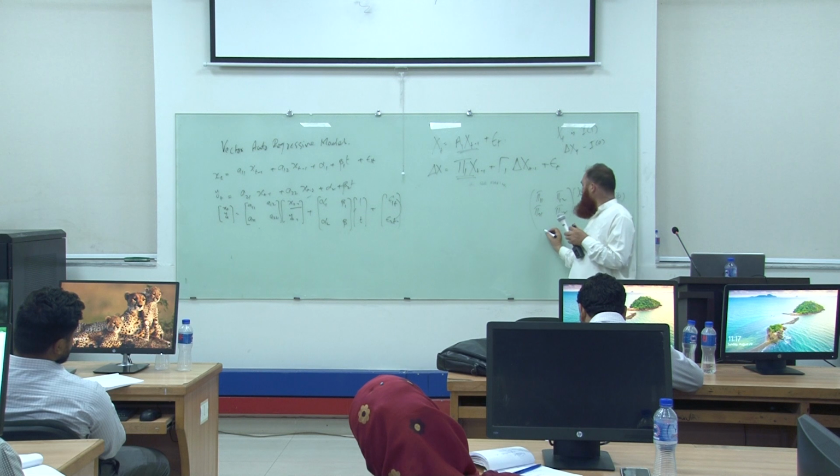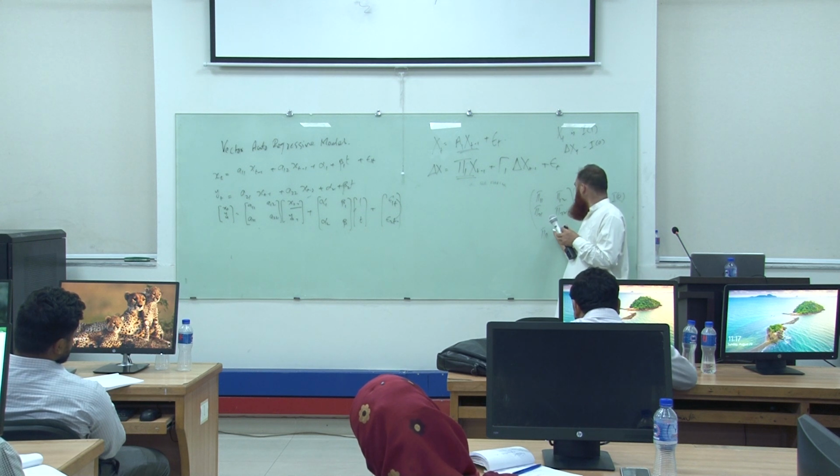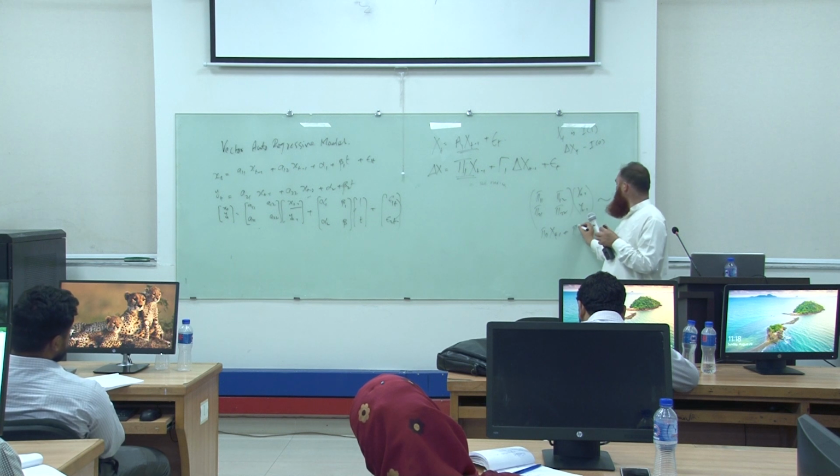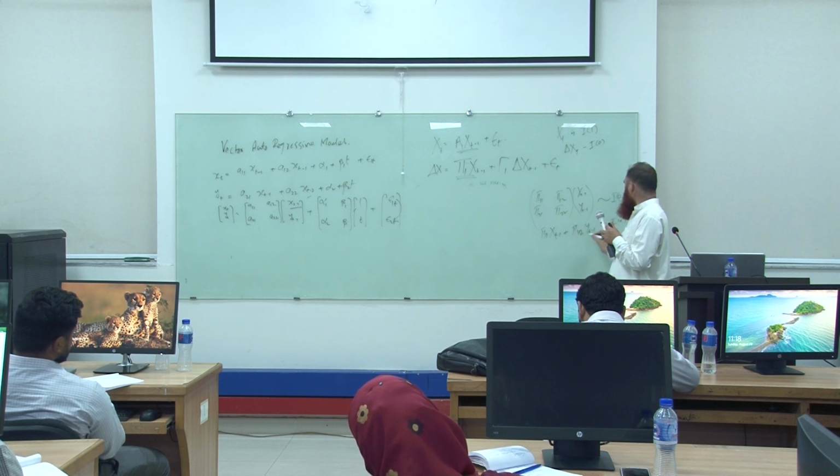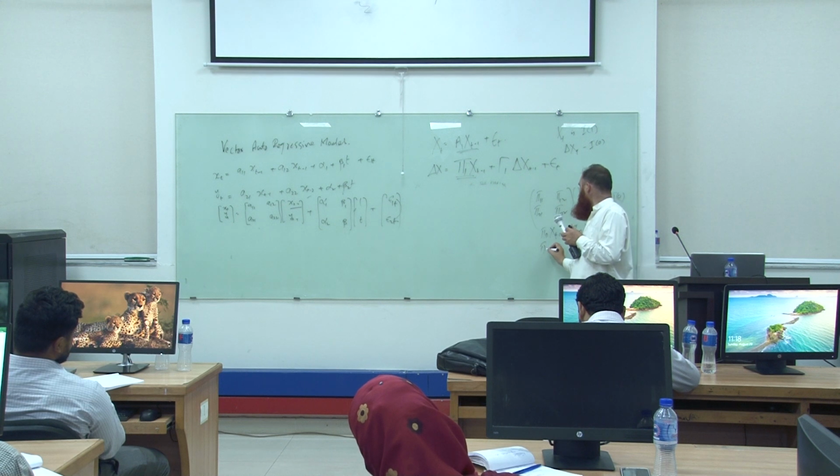This is also equal to saying that pi 1 1 x t minus 1 plus pi 1 2 y t minus 1 is I0, and similarly pi 2 1 x t minus 1 plus pi 2 2 y t minus 1 is I0.